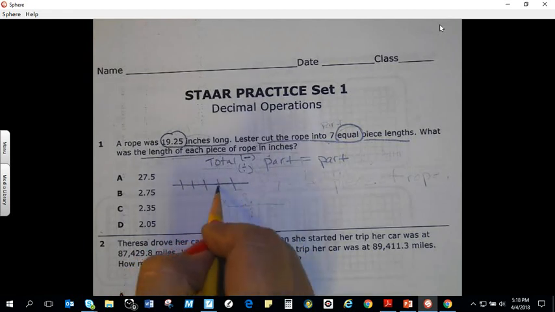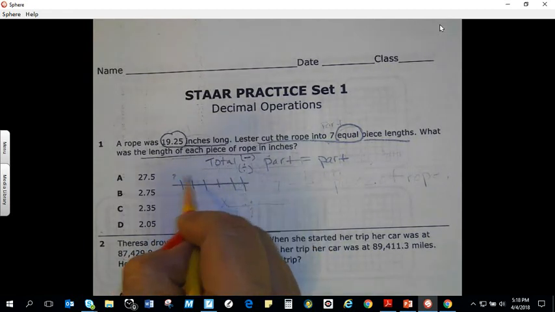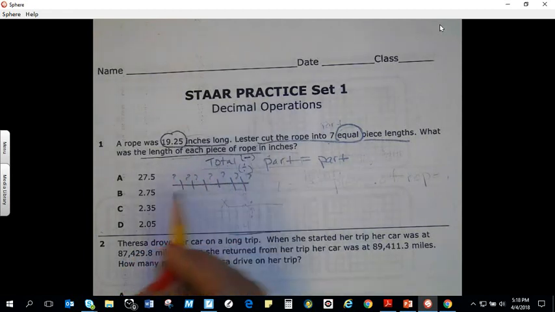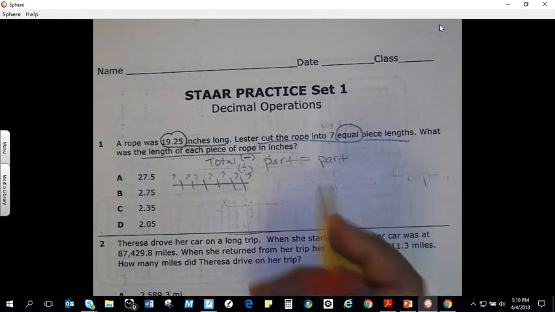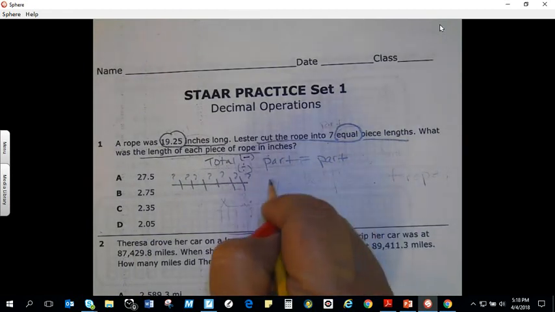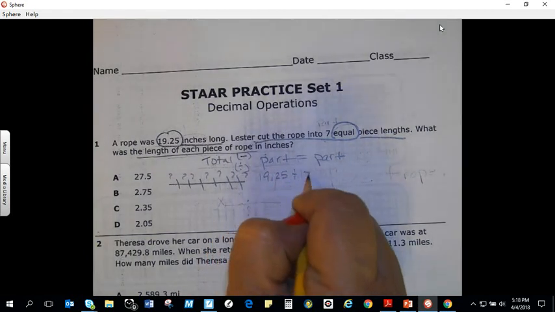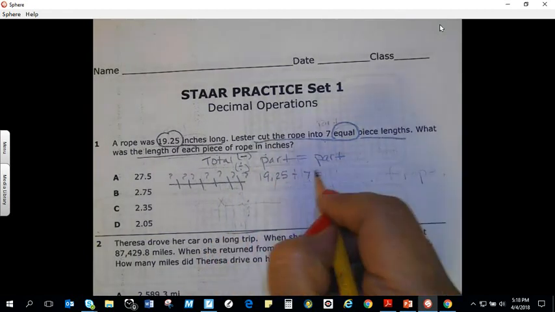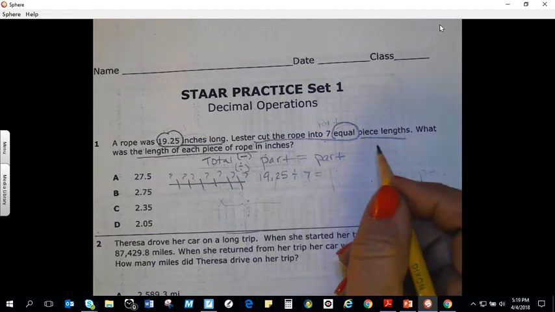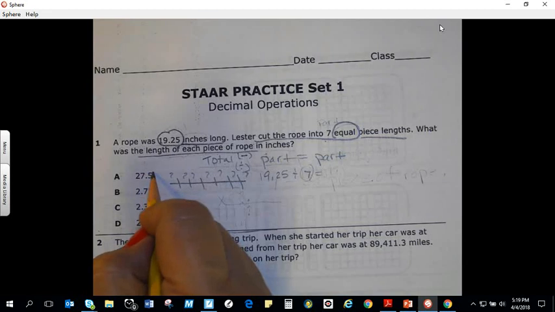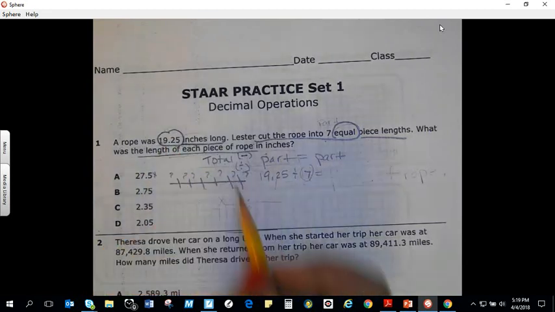So how much are each of those parts? And so I need to divide. My total amount is 19 and 2/500 divided by 7, and that equals. Those of you that are still struggling with division, you can take your divisor and multiply it by your answer, and the result will be 19 and 2/500.